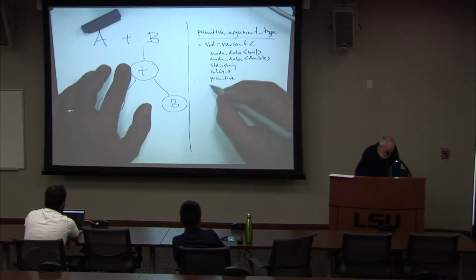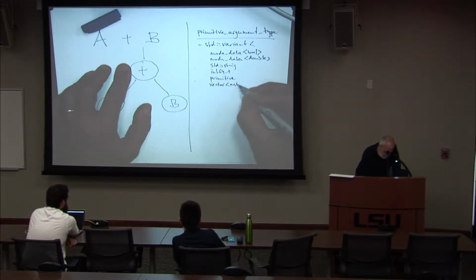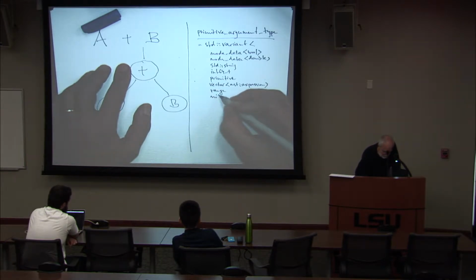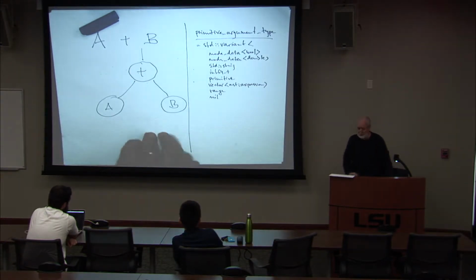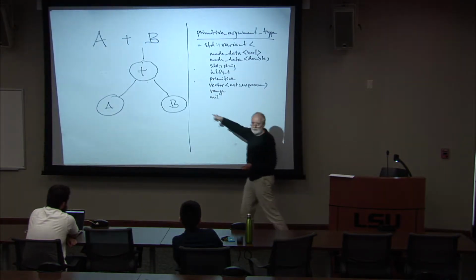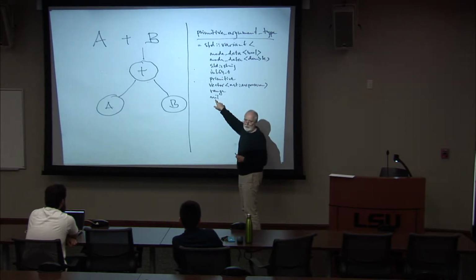It can be a vector of AST expressions, and I explain that in a second. Or it could be a range. And last possibility, it could be nil. And nil is just an empty struct we use as a placeholder to say, hey, it doesn't return anything. Okay? So nil is easy.